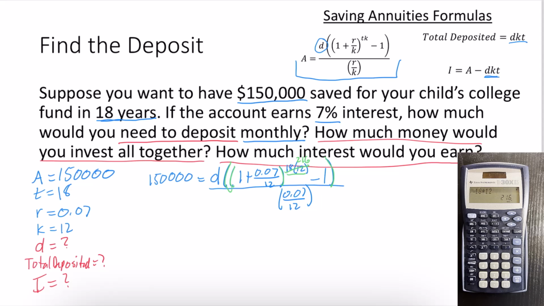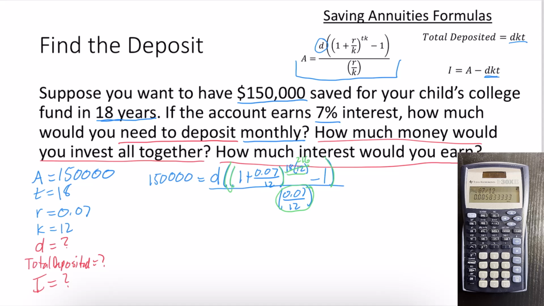Okay, so in that set of parentheses, I'm going to do the division first. So I get 0.07 divided by 12. And that gives me 0.0058333333. And that's also what this part will simplify to. But that's kind of a long decimal that I don't want to have to type out later.